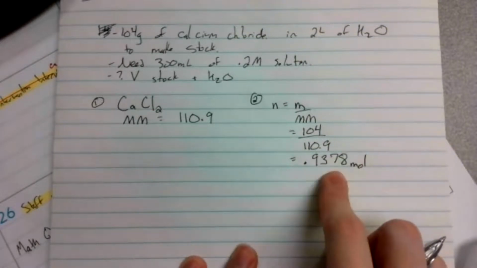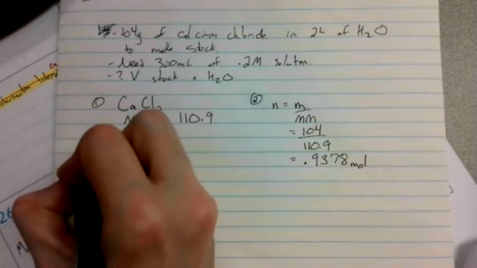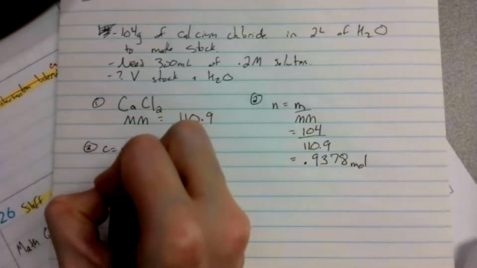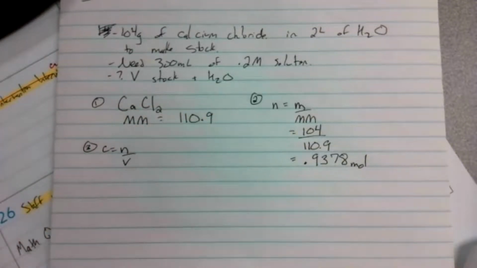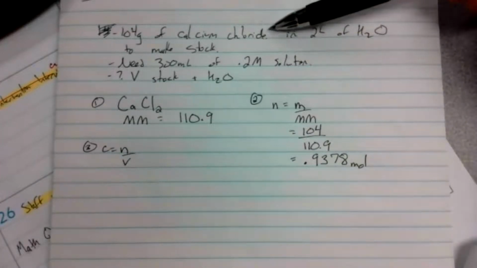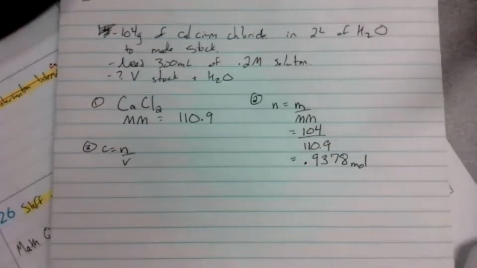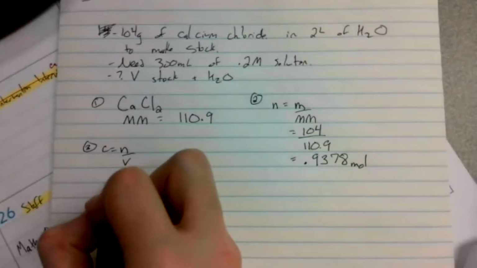Once I have moles, I can now plug it in to my C equals N over V formula, because right now I don't have the concentration of my initial stock solution. So that's what I'm looking for right now.